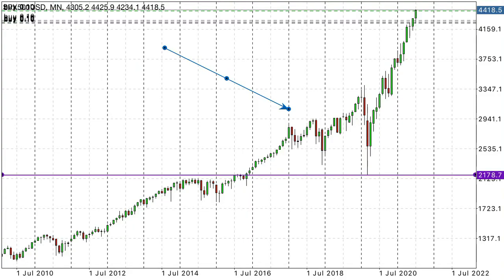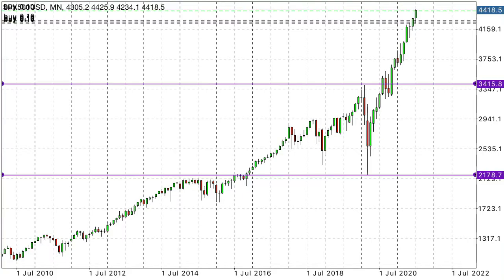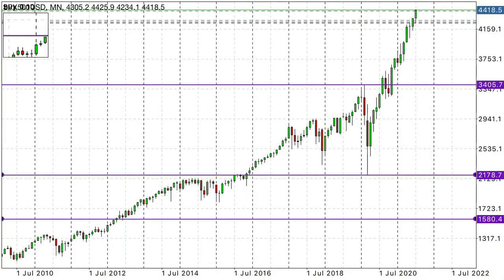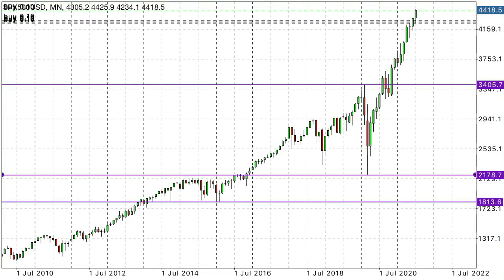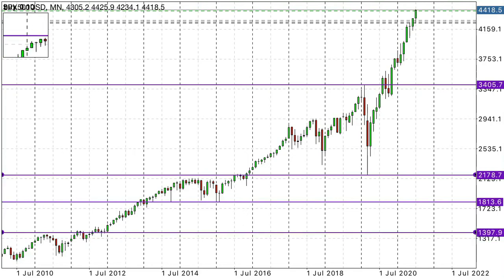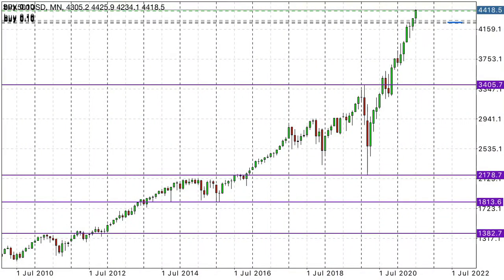So the second thing that I will be doing on a monthly time frame, I will be identifying all my obvious support and resistance. The reason why I'm identifying my previous support and resistance, because we're using the previous data to predict what?